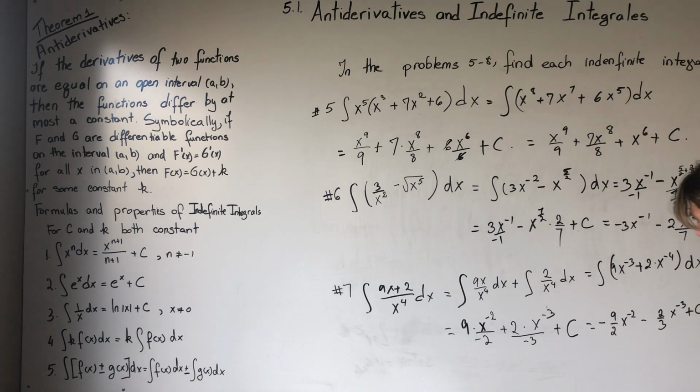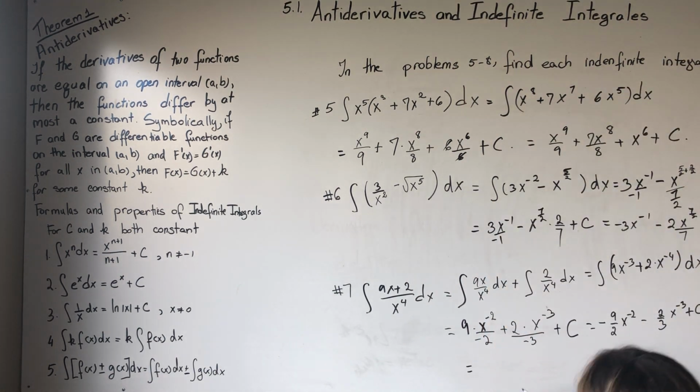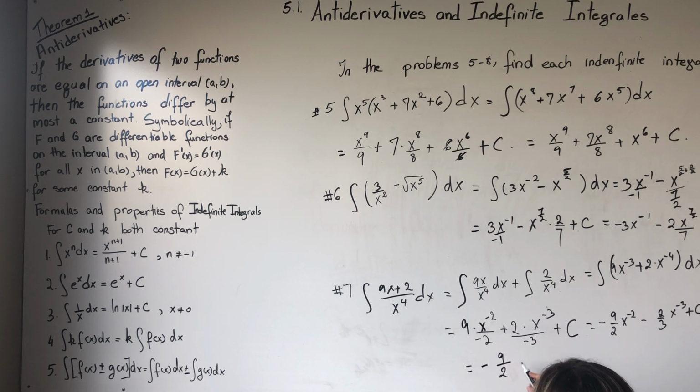So you can write it as negative 9 over 2 x squared minus 2 over 3 x cubed in the denominator, plus c. Okay.